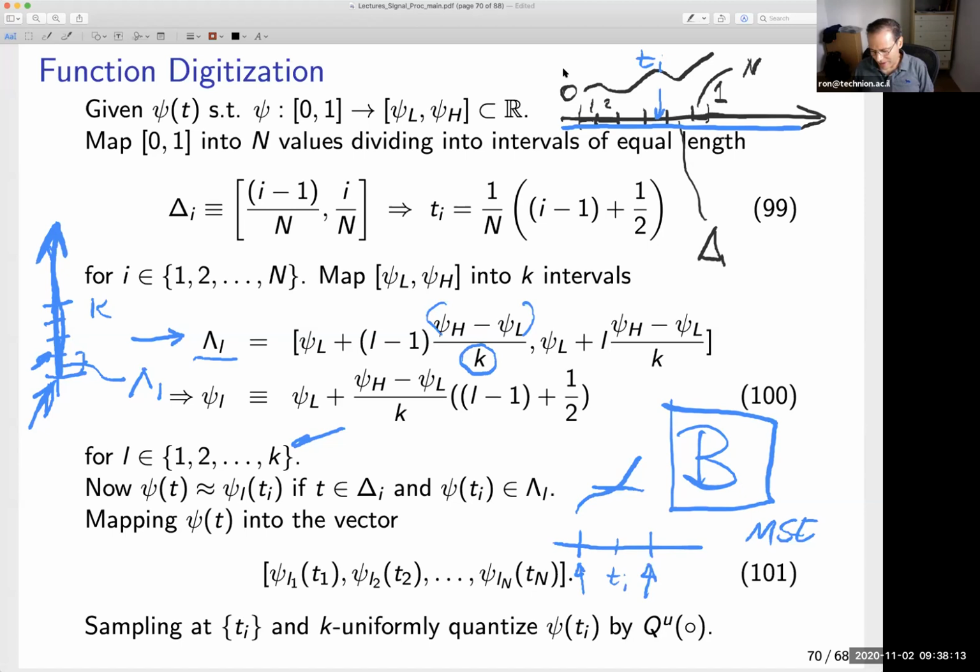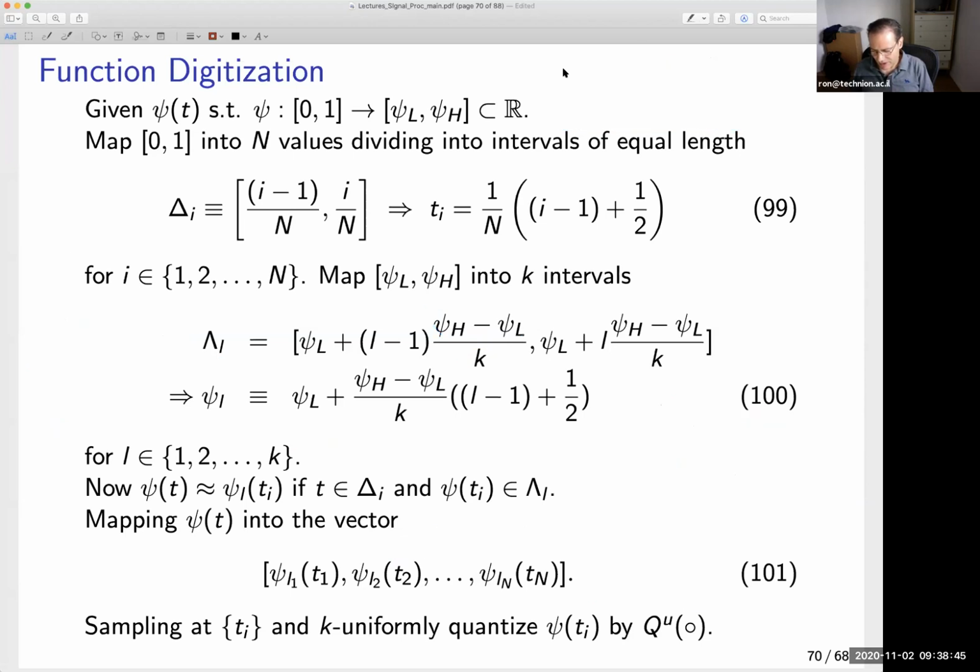For the first interval, I will use this number, for the second interval, I will use that number, etc. But I told you that I also have to somehow quantize these numbers. I cannot just use any number. So for the time being, let's assume that I'm taking this axis of values and using a uniform quantization, which means that I equally space the sampling of this interval. This is how I begin my journey.